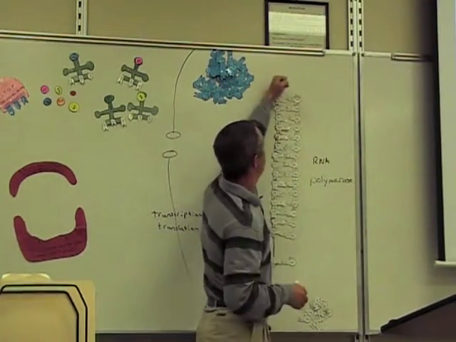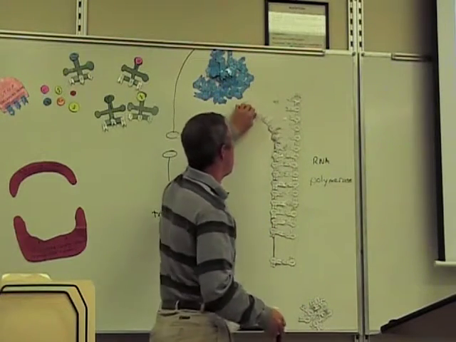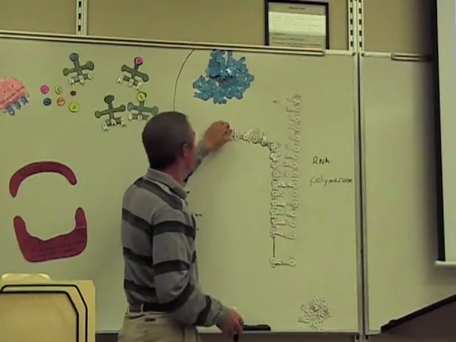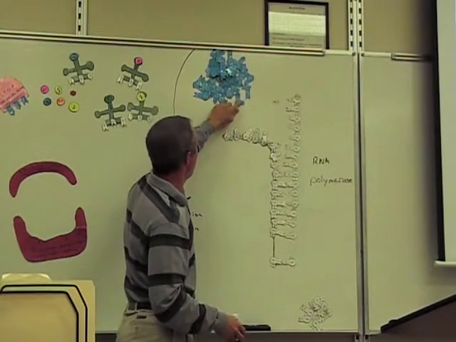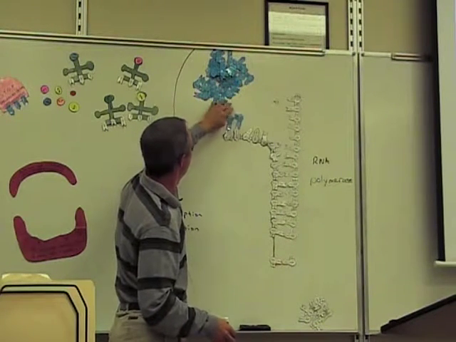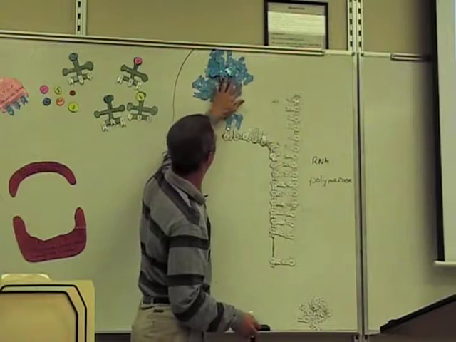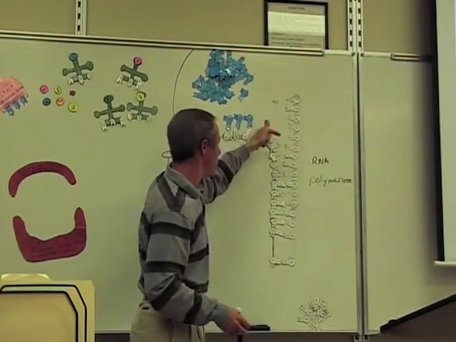So RNA polymerase attaches at the promoter, opens up the DNA, and then RNA nucleotides are added one by one. Click, click. Does it have to be 5' to 3' with RNA also? Yes, it goes in the 5' to 3' direction.